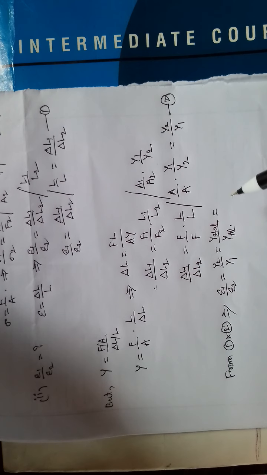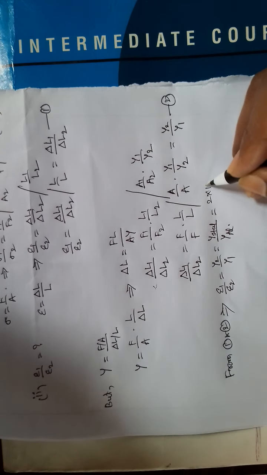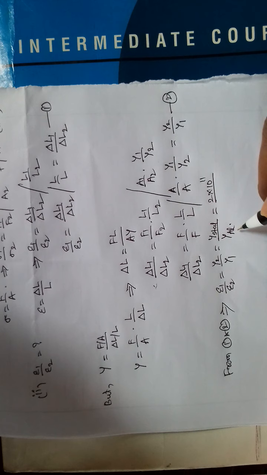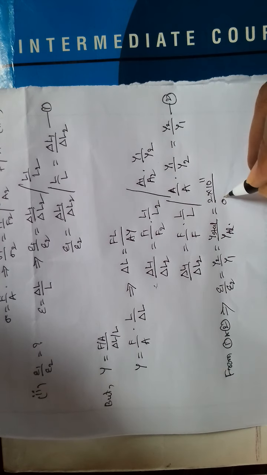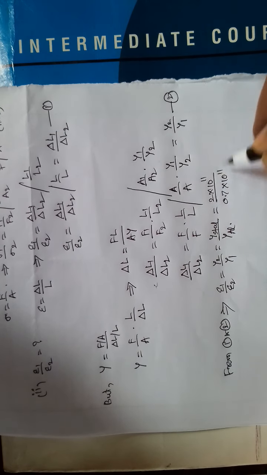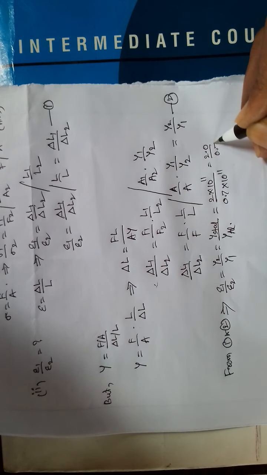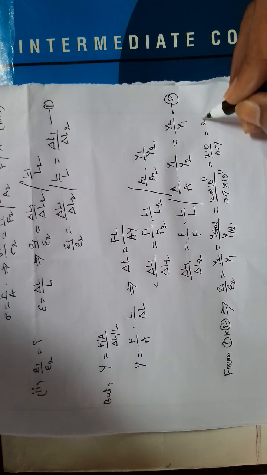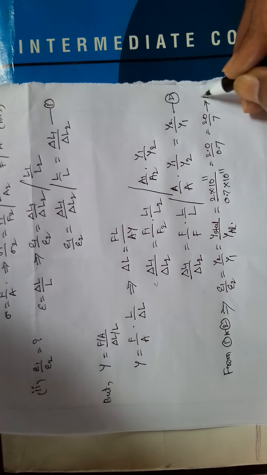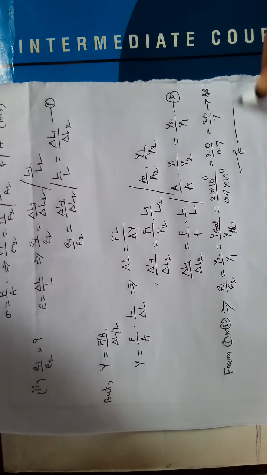Steel Young's modulus is 2 into 10 power 11. Aluminum Young's modulus is 0.7 into 10 power 11. So 2.0 by 0.7, that is 20 by 7. This is another answer.